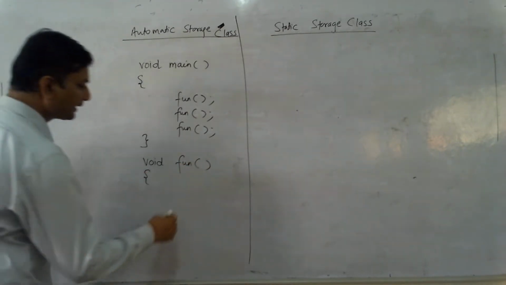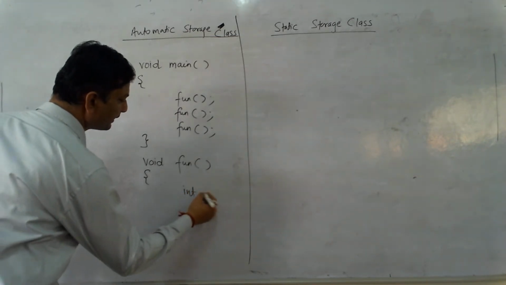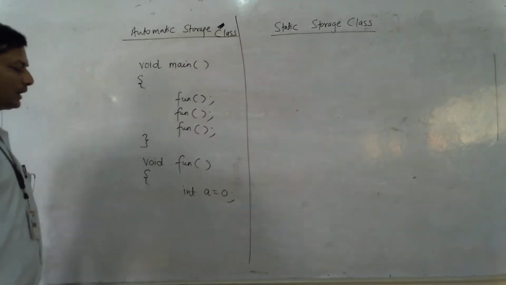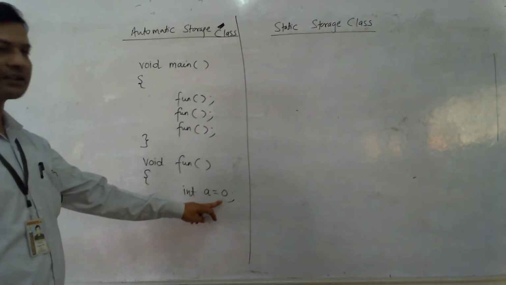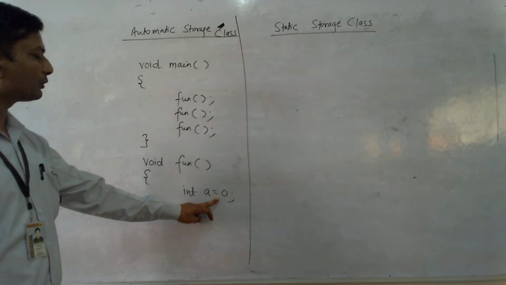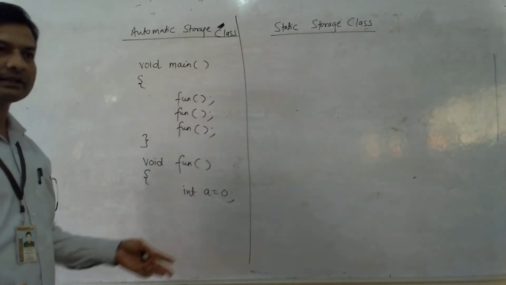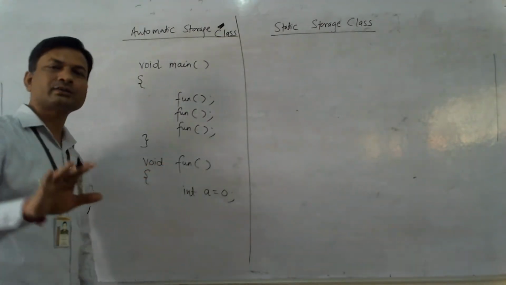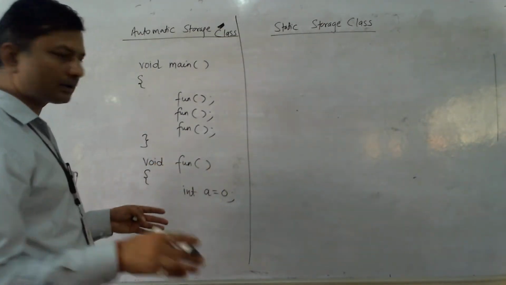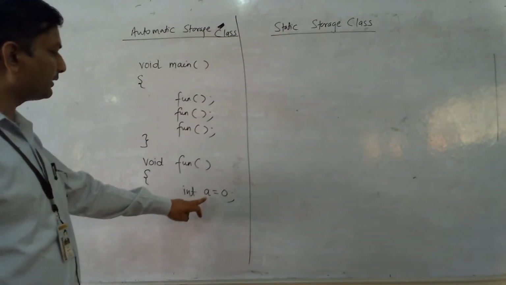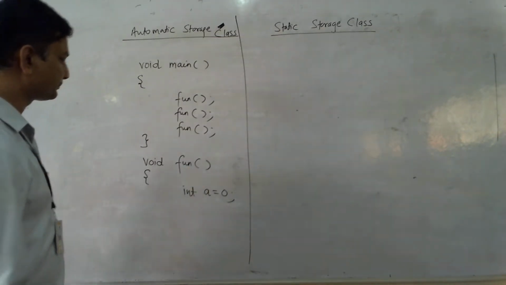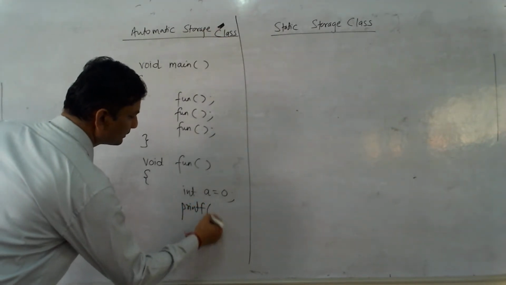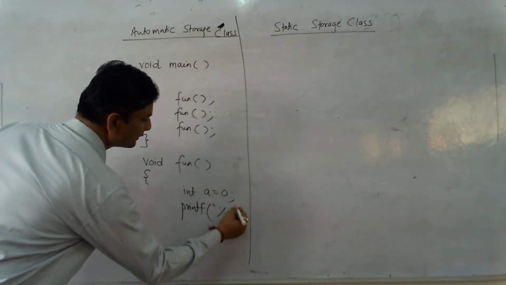In this function, I have declared a variable int a is equal to 0. I have put its initial value to 0. If we do not put its initial value, then obviously its default value will be garbage. I don't want to use that garbage value, so to avoid it, I have initialized this variable to 0. Now I will print the value of a.